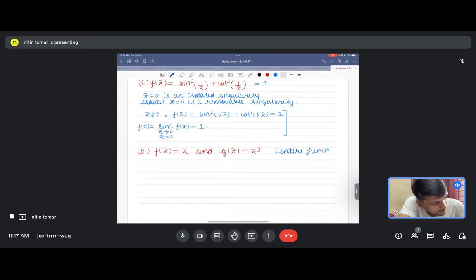Now what is f(z) by g(z)? It is 1 by z. Does it have a removable singularity at 0? No, right? Because the principal part is 1 by z. There is a negative power of z.